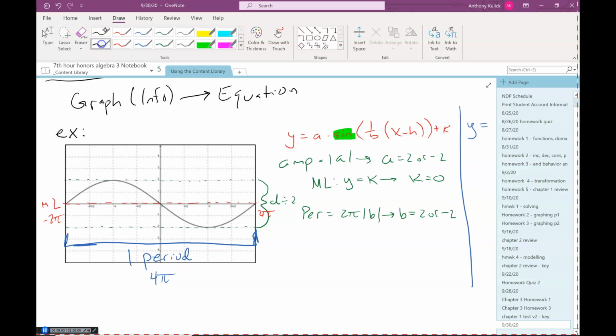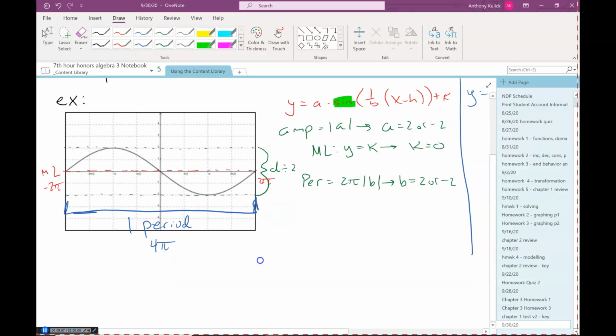So the idea here, if I'm looking at a sine function, remember what the parent function looks like for sine? That it looks like this, right? Everybody remembers that?